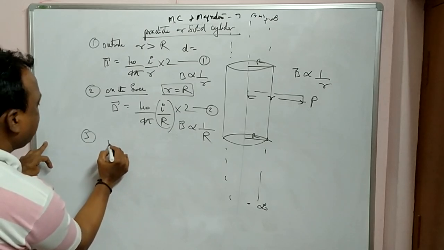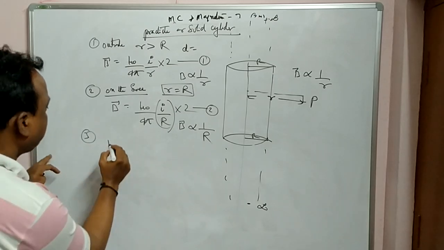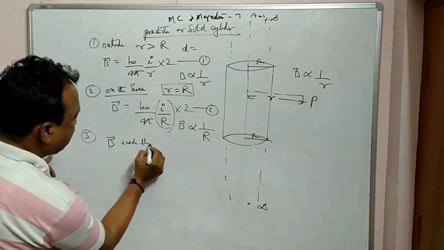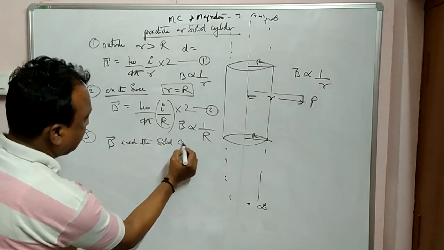Coming to the last one, B inside, the magnetic field inside the solid cylinder.